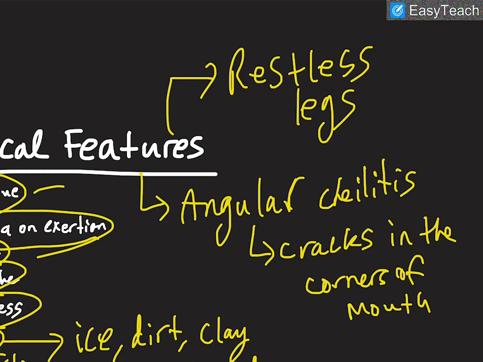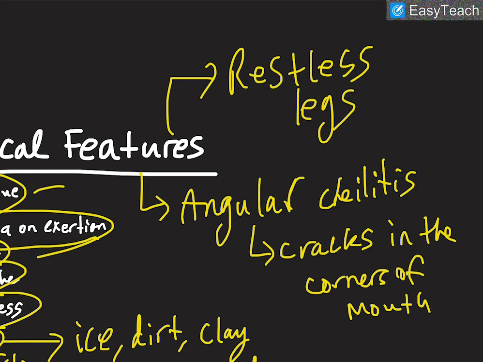And we already talked about Plummer-Vinson syndrome, which is the triad of dysphagia, iron deficiency anemia, and esophageal webs, but also keep in mind that patients who have Plummer-Vinson syndrome also have glossitis or smooth inflamed tongue. And remember esophageal webs, which are outpouchings of mucosa of your esophagus that can trap food.